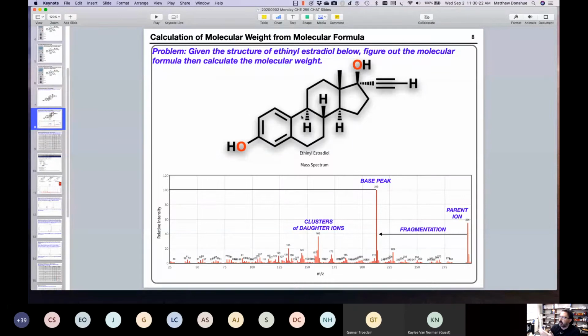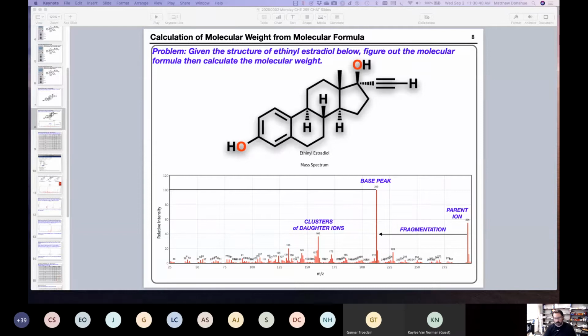So again, you looked at this, you counted carbon, hydrogen, and oxygen, and you multiplied the atomic mass by the number to get 296. This piece of data here is a mass spectrum.